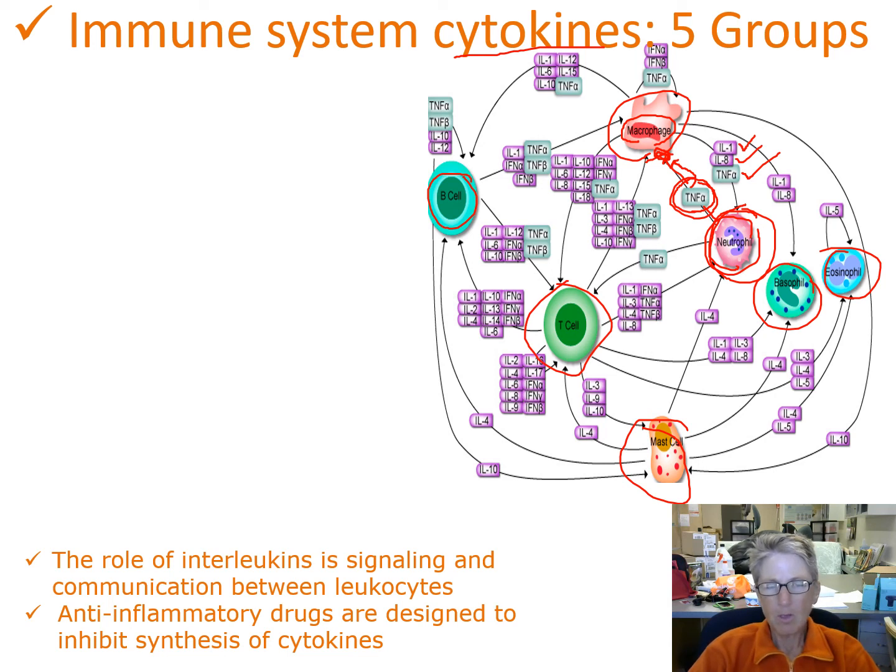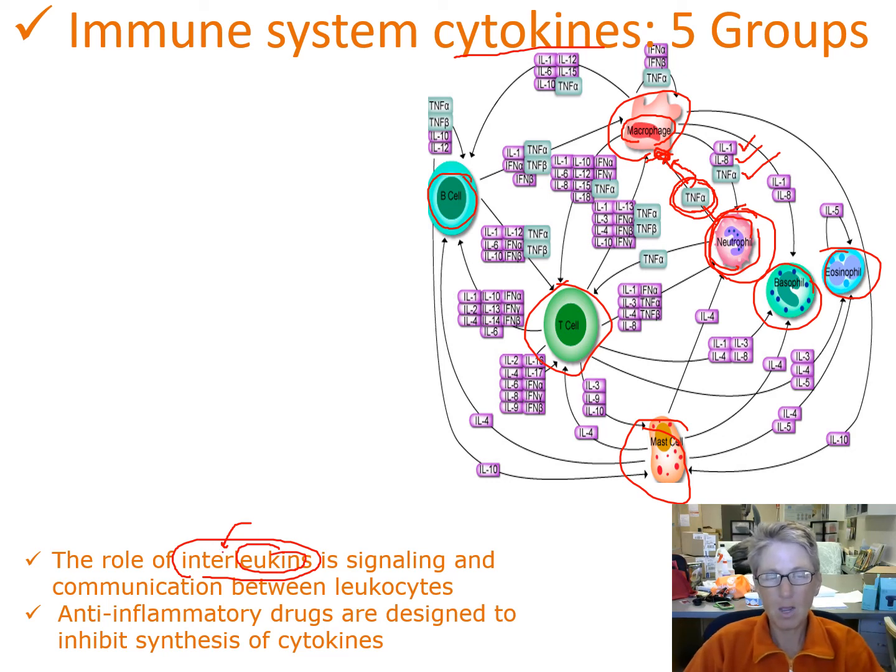Cytokines is really the broad category of molecules that allow cells to talk to each other. Interleukins is a little more specific name. So inter, as you know, means between. Leukins, that's leukocytes. So inter, between leukocytes.